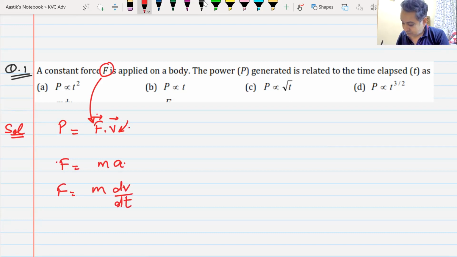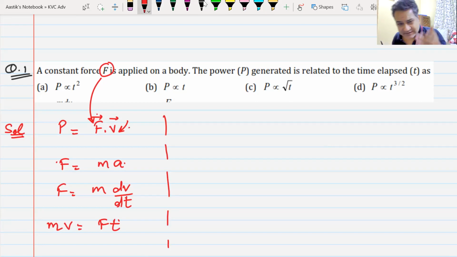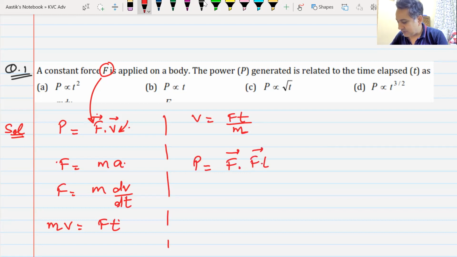Yes, sir. If I integrate both sides, I will get m into v is equal to F into t, assuming that the body starts from rest, yes or no? Change in momentum is directly proportional to Ft, yes or no? Yes, sir. So from here I can write this velocity as Ft by m. So the power will become F dot Ft by m.